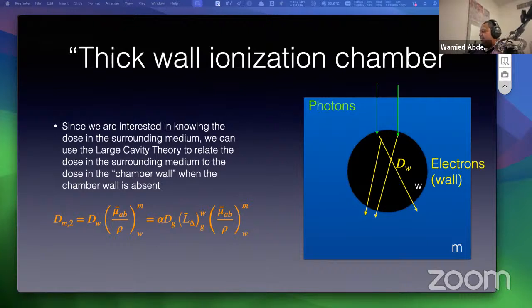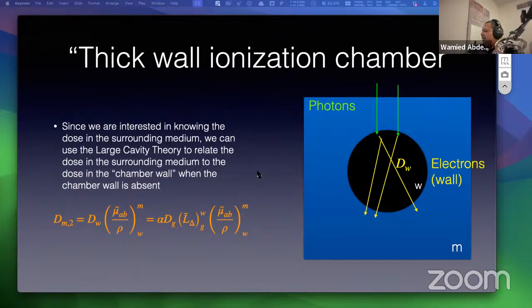So now we can remove the wall, replace it with medium, and relate the two doses, medium and wall, by the large cavity theory.